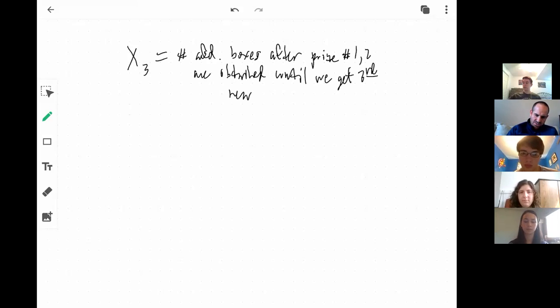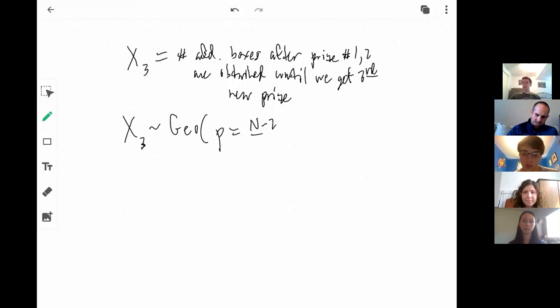Well, a third new prize. And what's the distribution of x3? Is that also going to be geometric with what parameter, Katie? n minus 2 over n? Yeah, capital N minus 2 over n, yes?